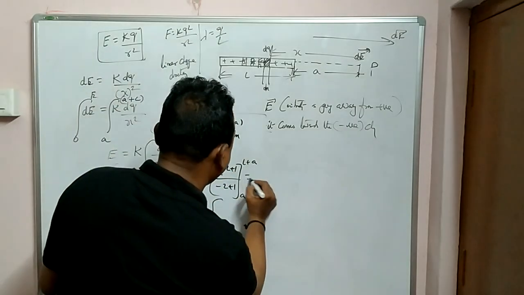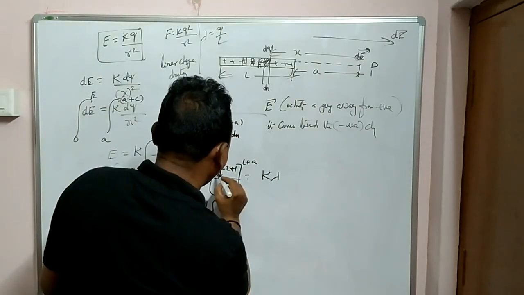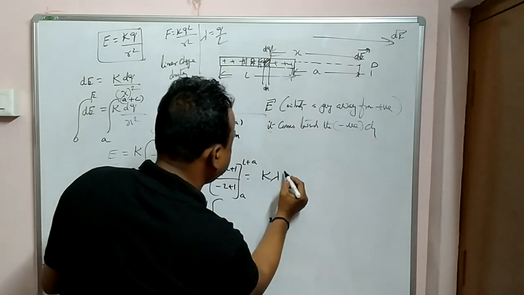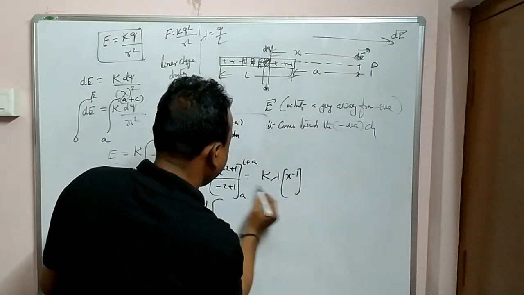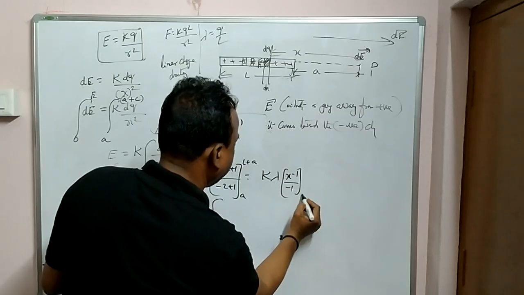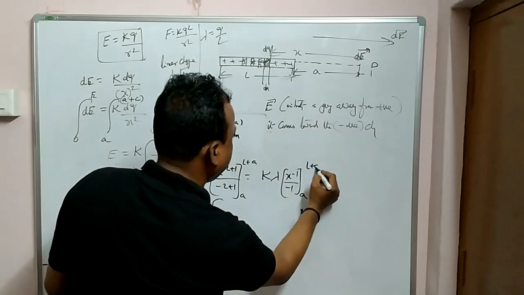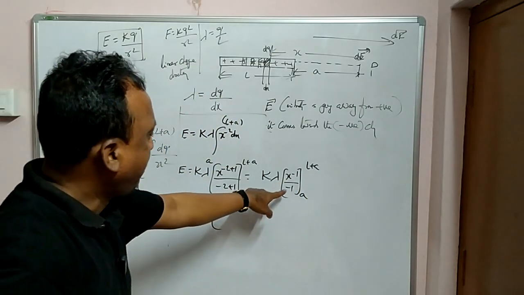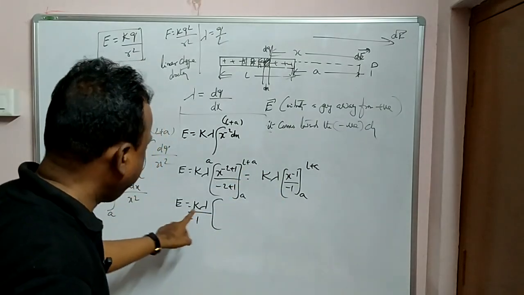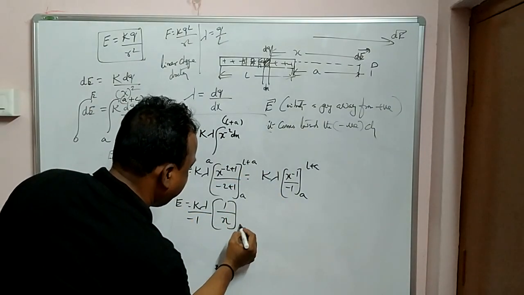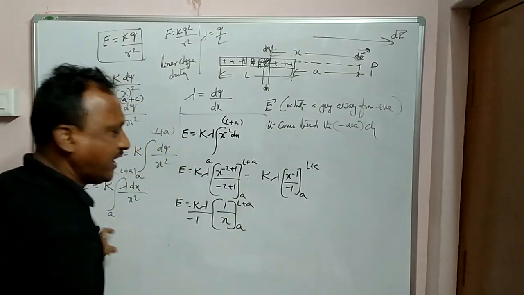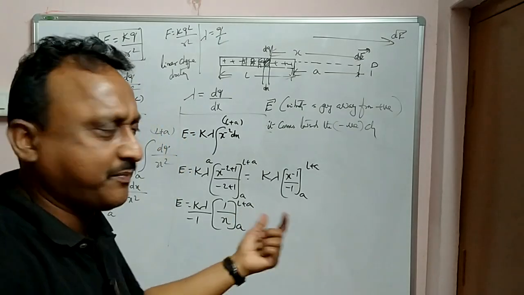I want to solve that one. Okay, I will show. K lambda, x power minus 2 becomes x power minus 1, with minus 1. What are the limits? a to L plus A. So the minus 1 goes up, and x comes down, so minus 1 comes outside, 1 by x. The lower limit is a, the upper limit is L plus a.